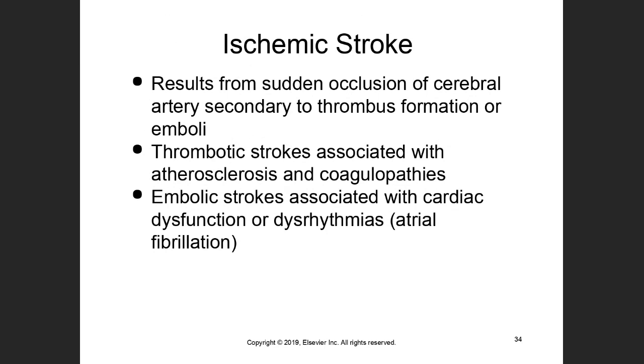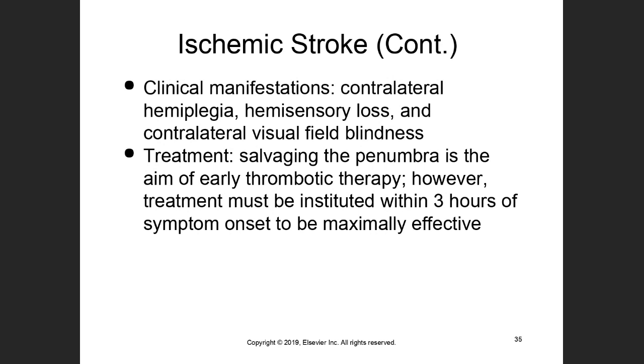Thrombotic stroke is associated with arteriosclerosis and coagulopathy. Embolic stroke is associated with cardiac dysfunction and dysrhythmia, especially atrial fibrillation. Clinical manifestation: contralateral hemiplegia, hemisensory loss, and contralateral visual field blindness.